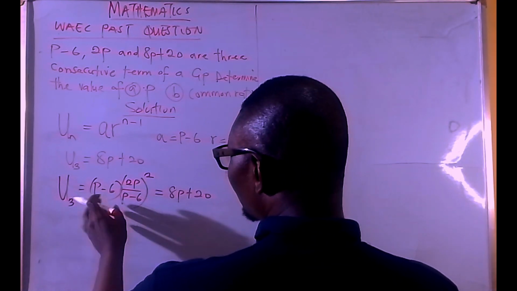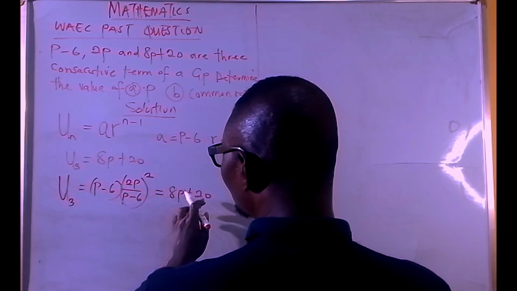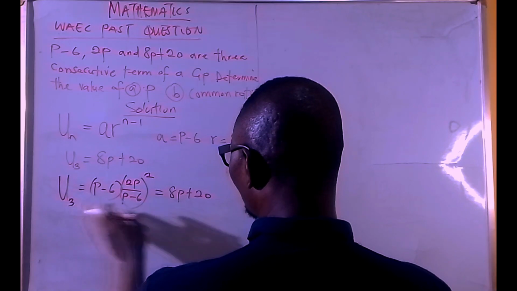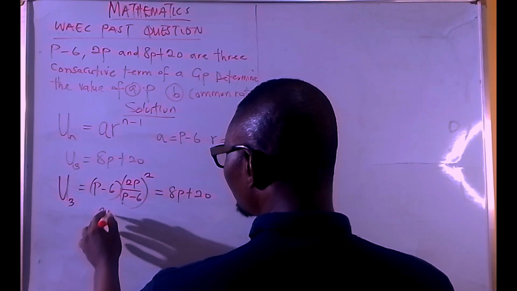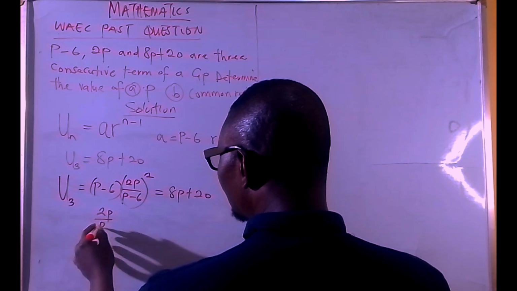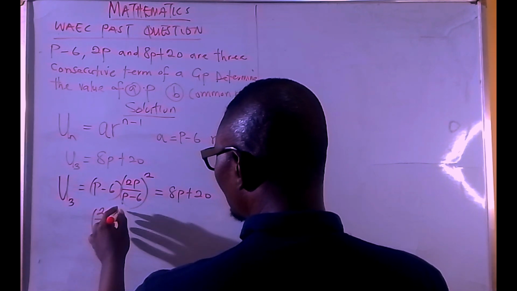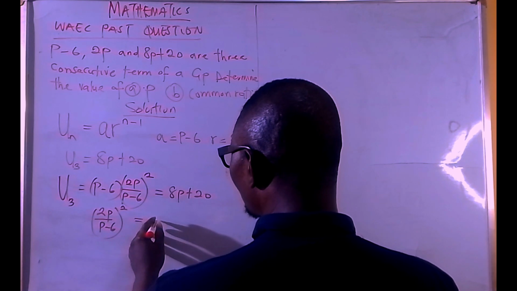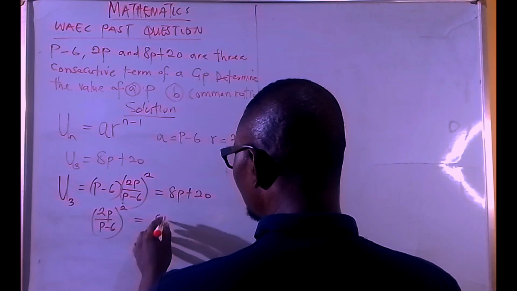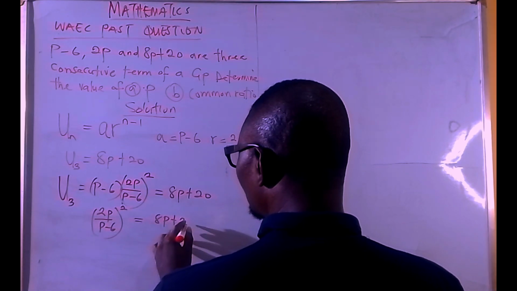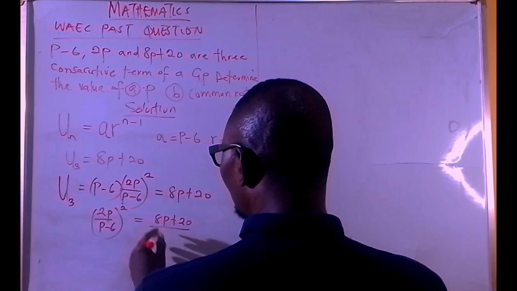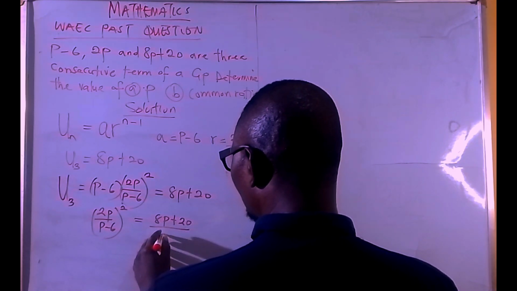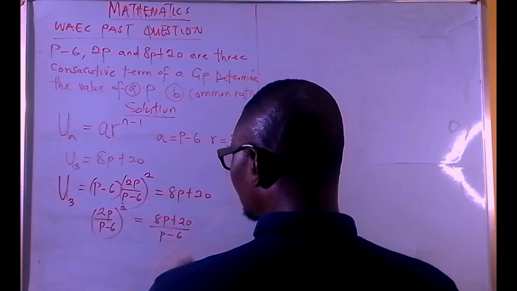Now, first of all, we can simplify this. Let's divide all through by P minus 6. You are going to have 2P over P minus 6, all squared, is equal to 8P plus 20 over P minus 6.